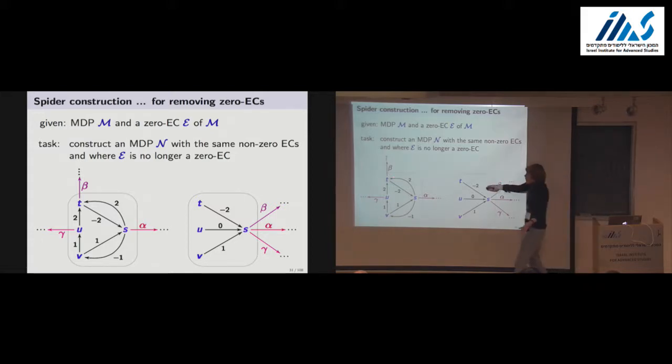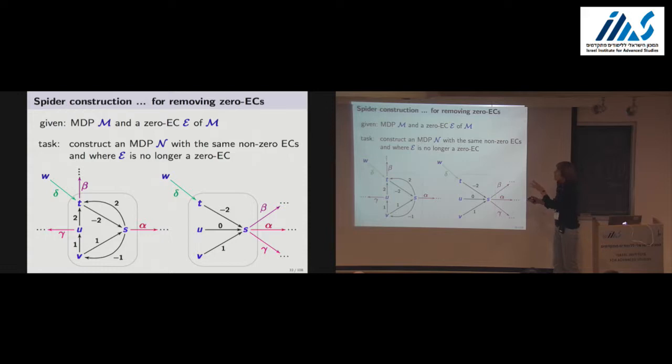If you start in another state, then we go to S. Originally some scheduler might schedule action beta for T. Here we go from T to S, and then we take the action beta, and the successors are exactly the same as before. In this sense, we can mimic the behavior, and I forgot to mention, for the incoming edges, we don't change anything.